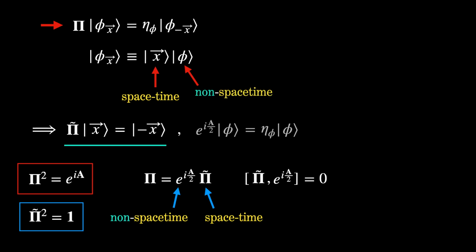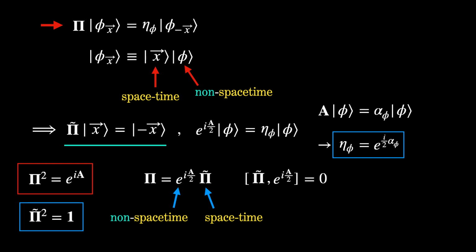The non-spacetime part forms an eigenvector equation with eta phi as the eigenvalue. This means the state phi is also an eigenstate of the operator A. This implies eta equals e to the i alpha. If A is Hermitian, alpha would be real, and we could immediately see why eta is a phase.